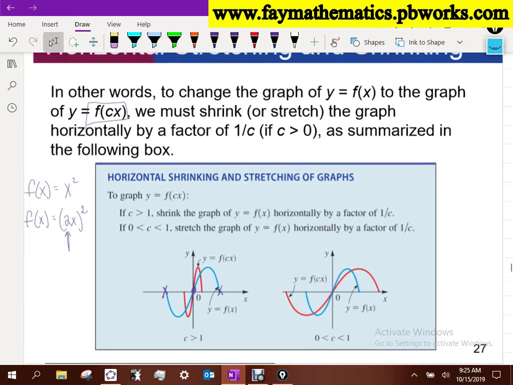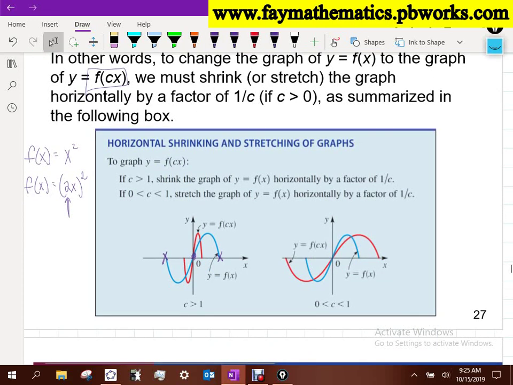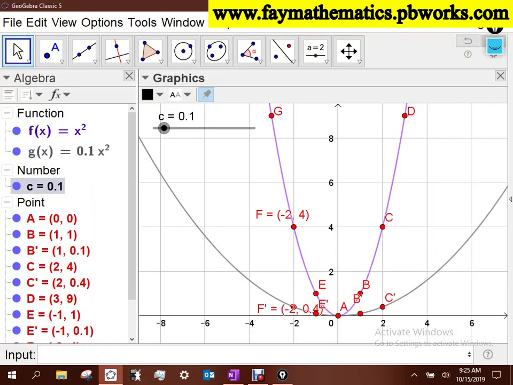That being said, let's look at this stuff with a graph.